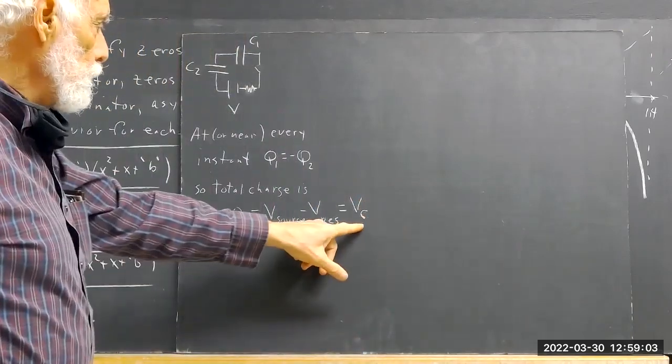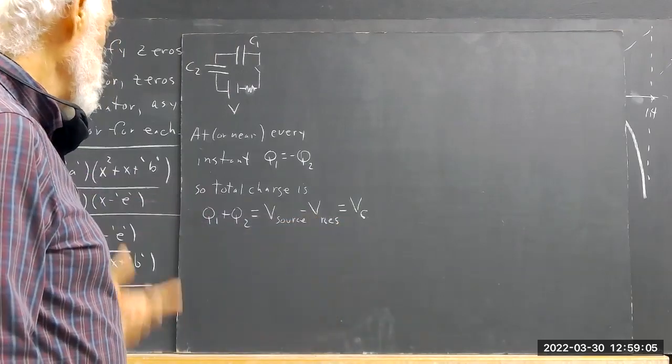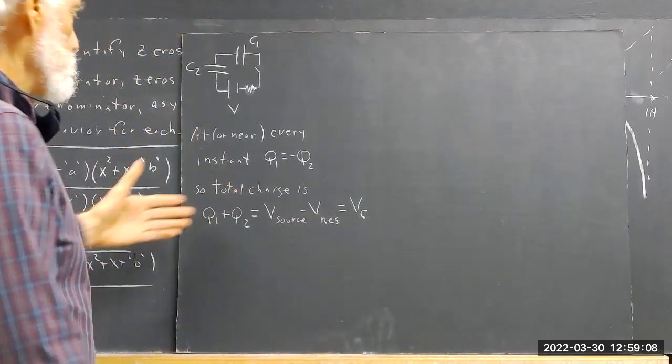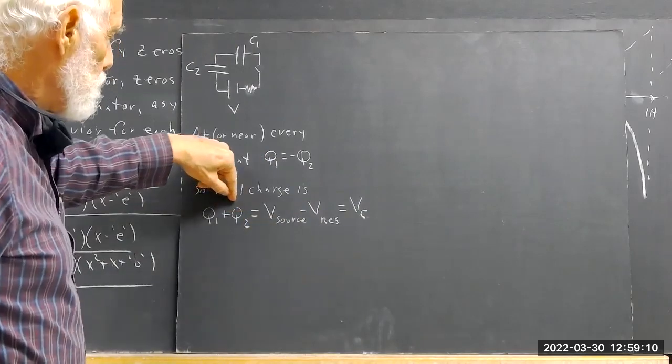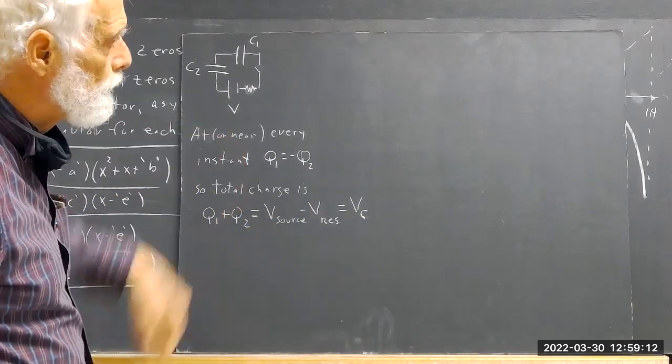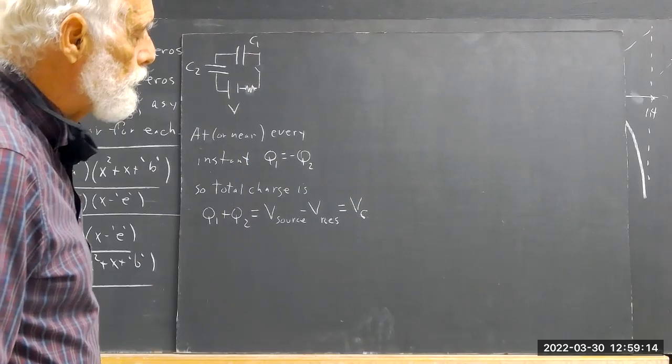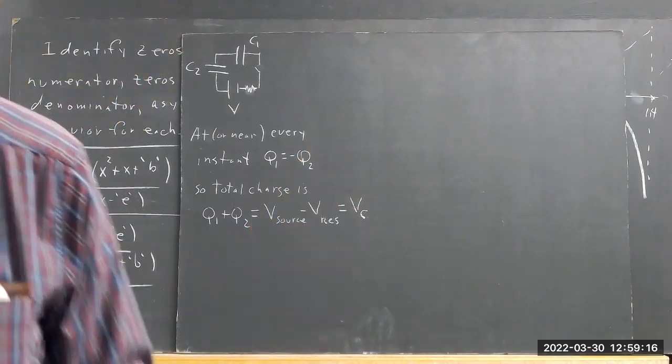And that's going to equal the voltage on the capacitor. And I say, wait a minute, Q1 plus Q2 equals this. Q1 plus Q1. Okay, let me back up. Got to fix my notation.